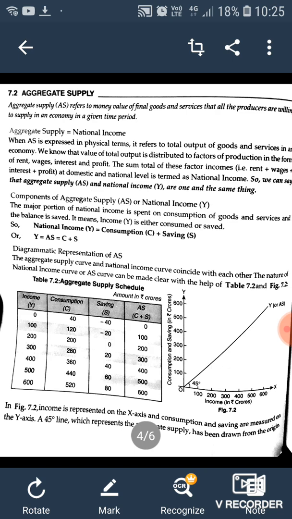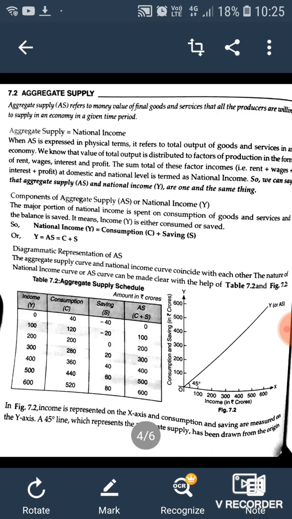Now, if we see the aggregate supply curve, it is the same as the national income curve. They are the same as given in the graph. So it is a 45-degree straight line. Income is represented on the x-axis, and consumption and saving are measured on the y-axis.